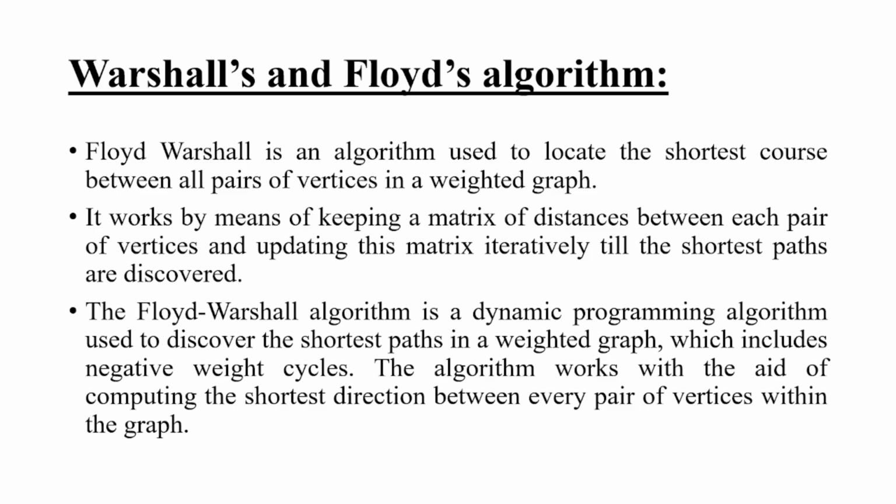It is a dynamic programming algorithm used to discover the shortest path in a weighted graph, which may include negative edges also. It works by computing the shortest path between every pair of vertices within the graph.